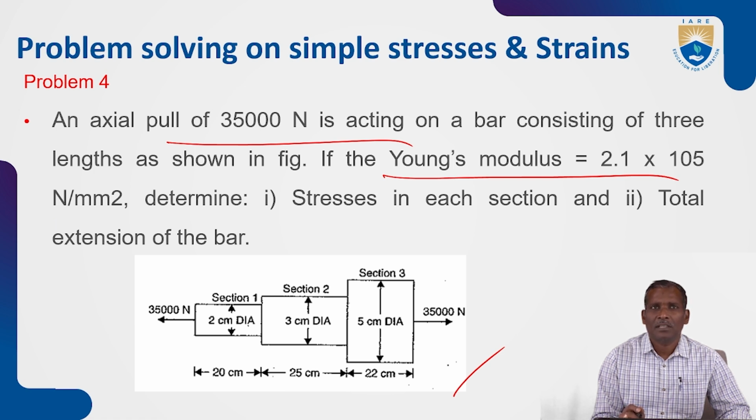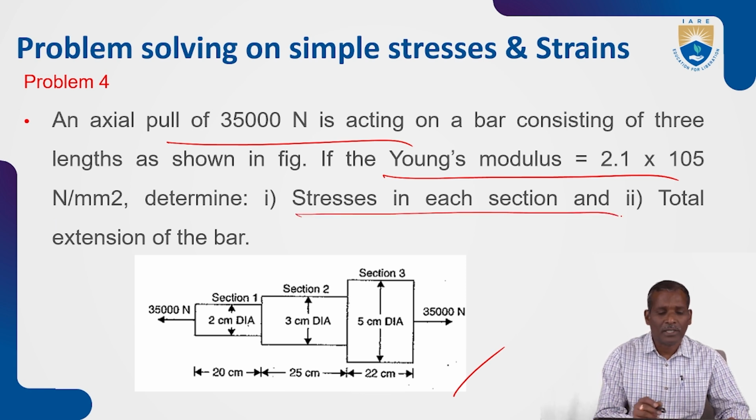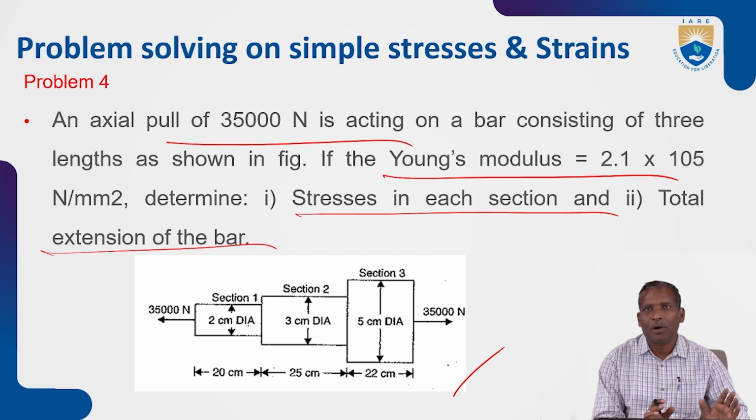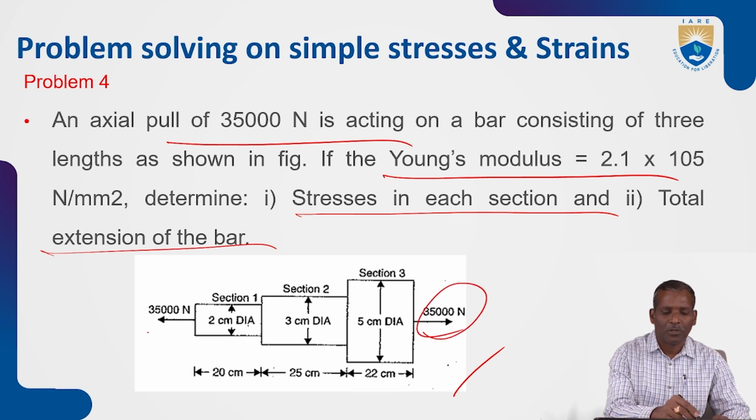Determine the stresses in each section and the total extension of the bar. For each and every section you first need to calculate the stress, and then the total extension of the bar due to this 35,000 newtons.